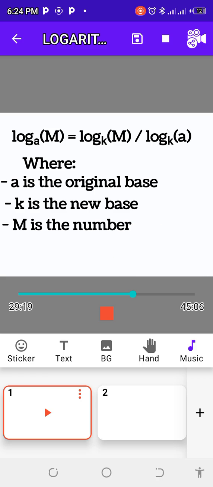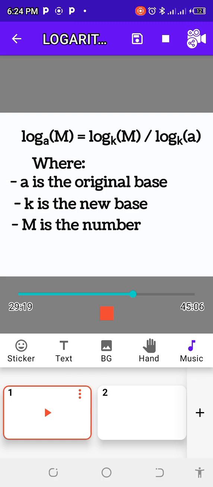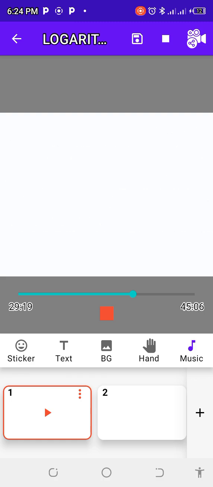This formula guides us on how to change logarithms from any base to base 10.